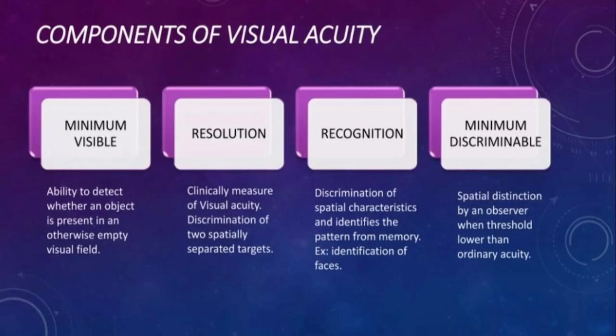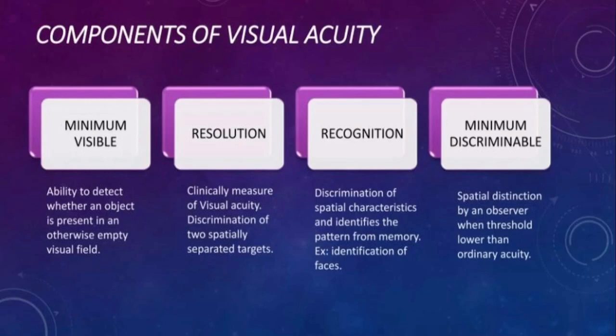Components of visual acuity. The components of visual acuity include: number 1, minimum visible resolution, the ability to detect whether an object is present in an otherwise blank field. Number 2, recognition, the ability to identify a visual stimulus such as identifying letters or symbols on an eye chart.